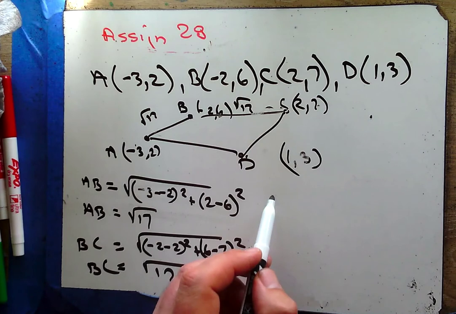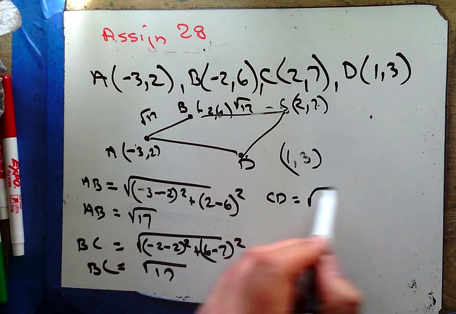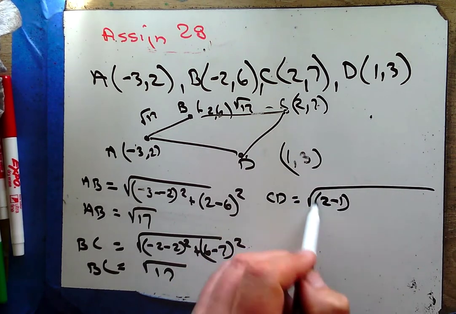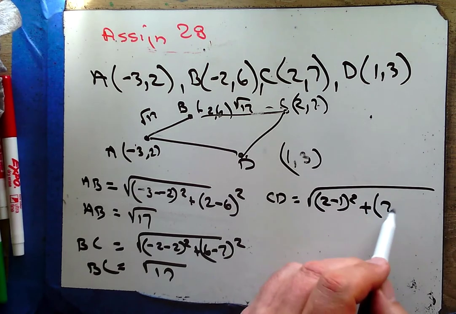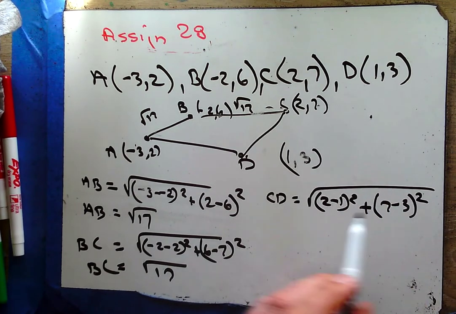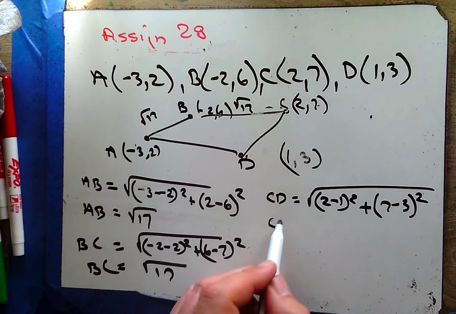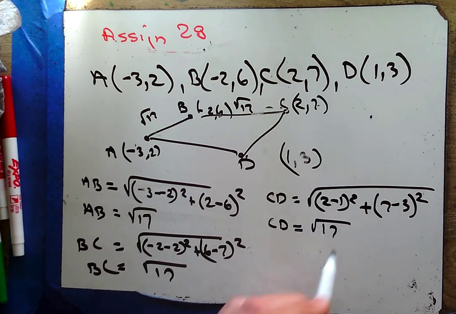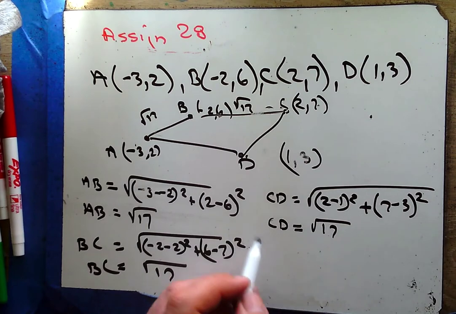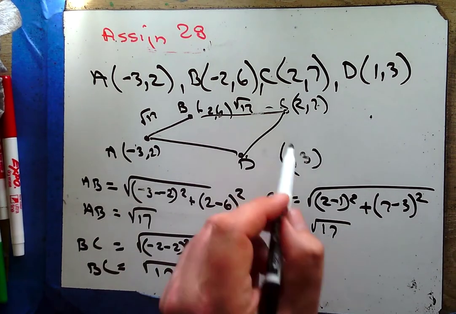Okay, so then let's find CD. That's going to be 2 minus 1 squared plus 7 minus 3 squared. So that's 4 squared for 16 plus 1 is square root of 17. So CD is square root of 17. And then we need AD as well.